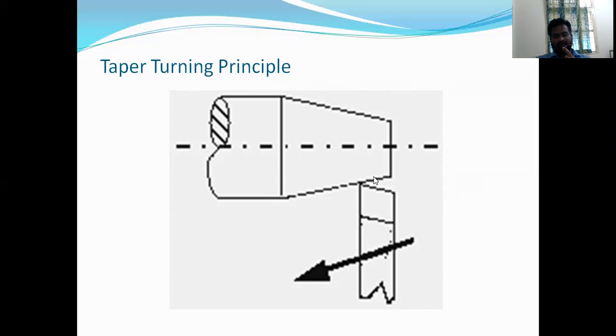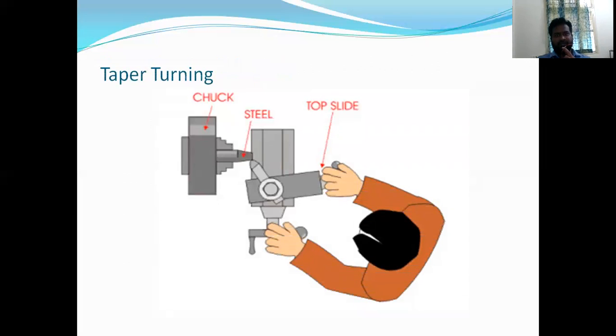We directly feed our cutting tool onto this workpiece. It has some width, and only that much width of taper we produce. On the top view, we are observing taper turning by the compound rest method.